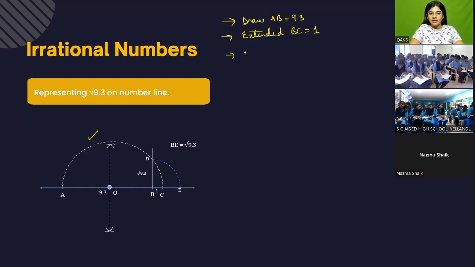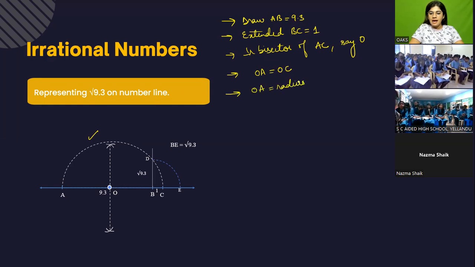And after that, we have the perpendicular bisector of AC. And after that, we have named that as O. And OA is equal to OC. And after that, we have taken OA as radius and drawn a semicircle.